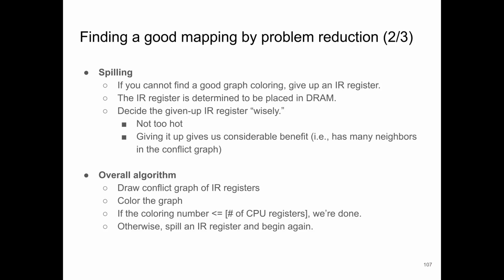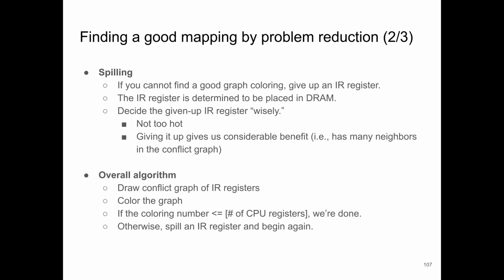By reducing the number of IR registers, basically, we can have a graph coloring with a lower number of colors, thereby succeeding to allocate the registers into CPU registers. And the key challenge here is that we need to decide which IR registers to give up, and we need to decide it very wisely. Because if you give up a very hot IR register, then it will be very detrimental to the performance of the generated code.